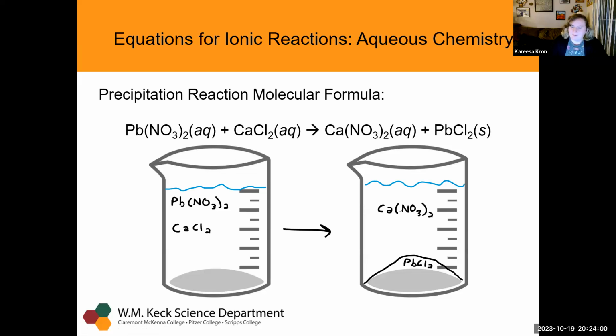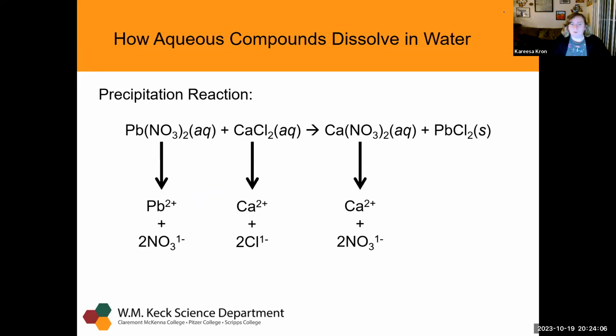And so when we have this reaction, we can look at the individual components here and recognize that if something is aqueous, that means that when you add it to water, it falls apart into its component ions. So here, lead nitrate, if it's aqueous, forms lead 2 plus and 2 nitrate 1 minuses.